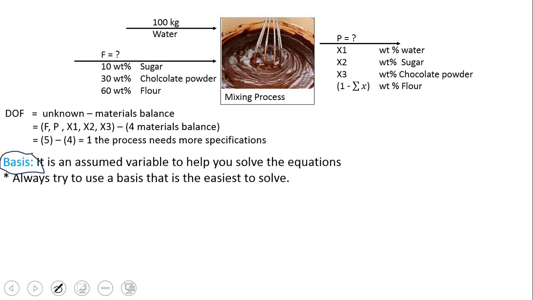Here I want to introduce the concept of basis. Basis is an assumed value to help you solve the equations for any specific system you have. A good tip is always to try and use a basis that is the easiest to solve. Do not pick a basis that will make the question hard or impossible to solve. So in this example, for instance, if we take F or B as a basis, it will be easier to solve.